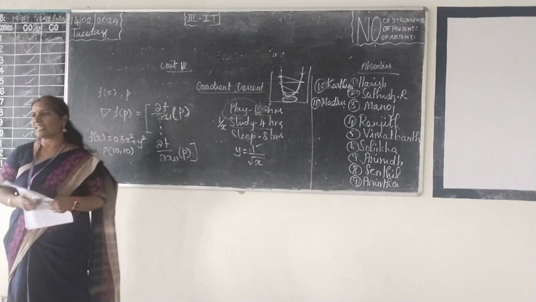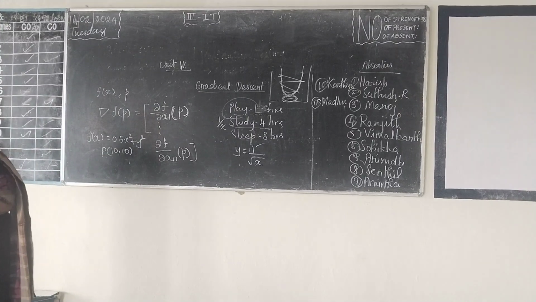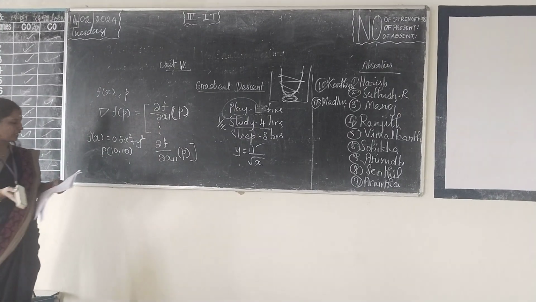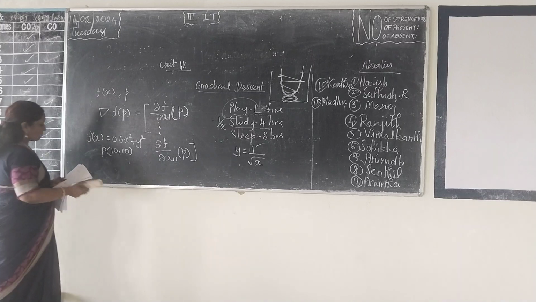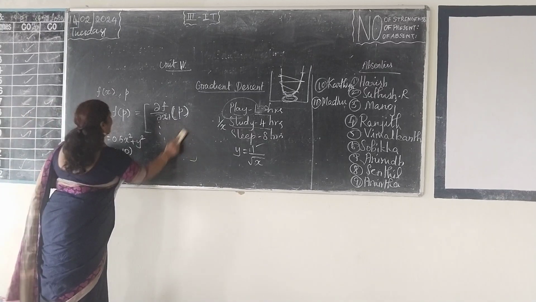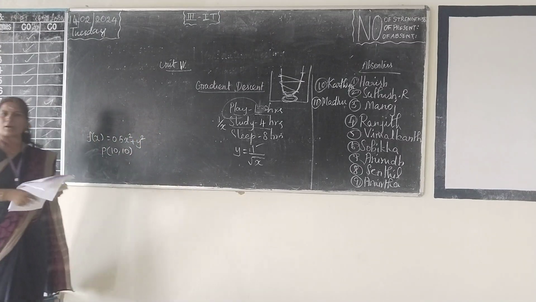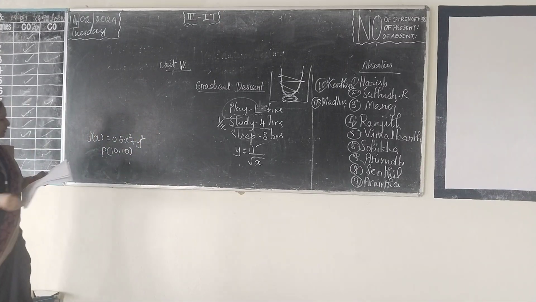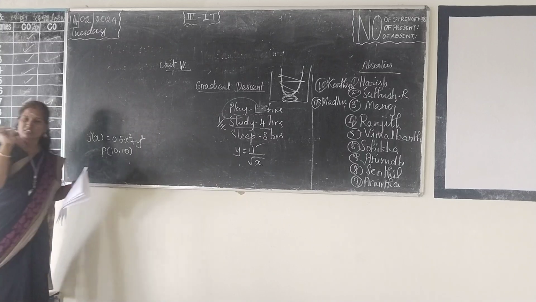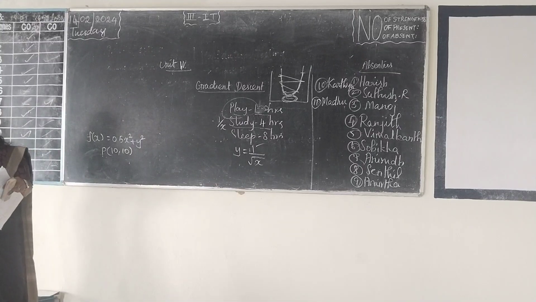There is one function given, to which we are going to apply the gradient. It looks like mathematics today. It's not a real class, but this unit is full of mathematical computations only.